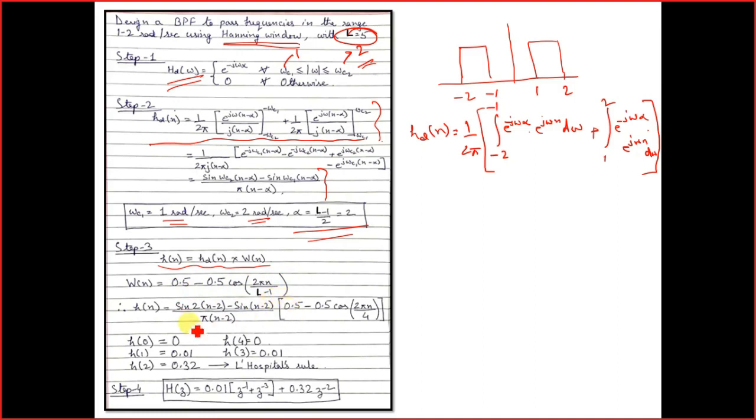You take this equation directly and multiply it with the Hd[n] part. The value of n will vary from 0 to 4, and at n equals 2 you have to apply L'Hospital's rule, and from there you calculate your transfer function.